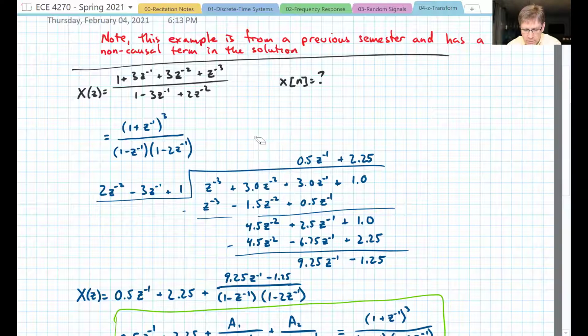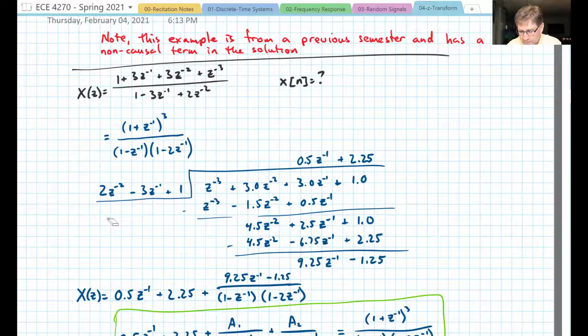And so we find, also, when looking at this, that we have a numerator of higher order than the denominator. So the first thing we need to do is long division. Long division, just put your two polynomials, the denominator on the left, the numerator on the right, in decreasing negative powers of z.